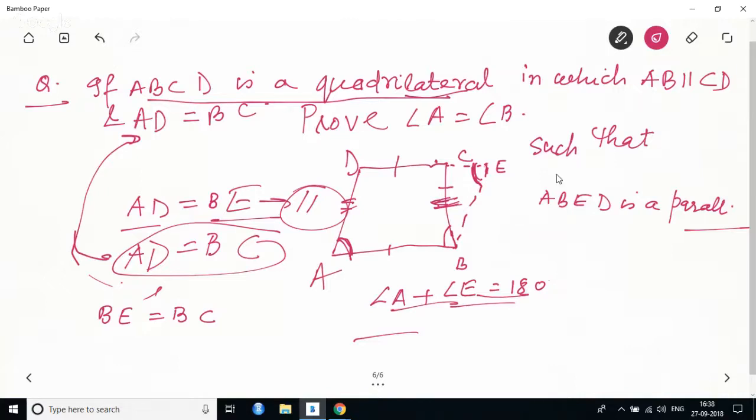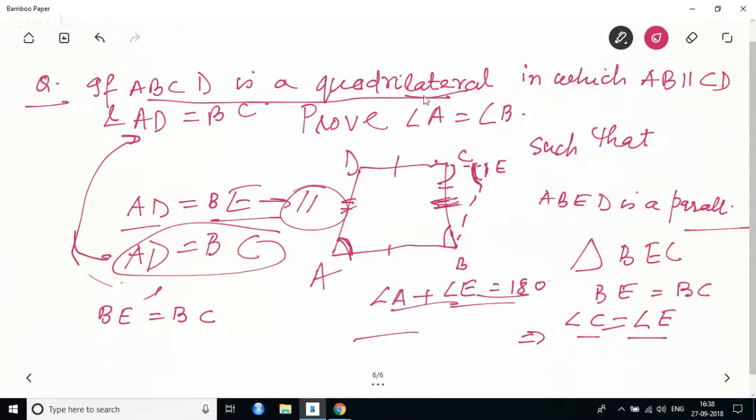So if BE and BC are equal, let me take a triangle BEC. If BE is equal to BC, then the angle opposite to BE, which is angle C, is equal to the angle opposite to BC, angle E. So angle C and angle E are equal.